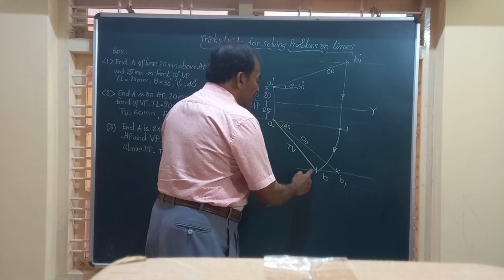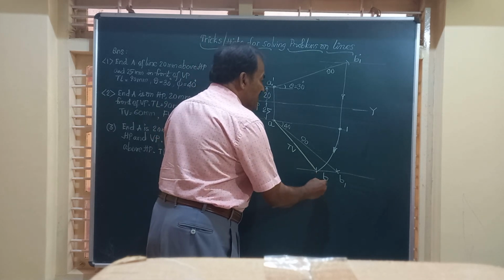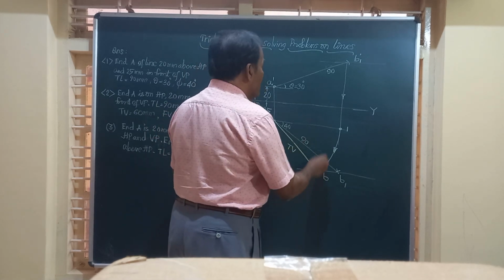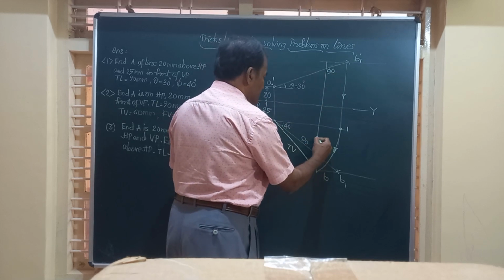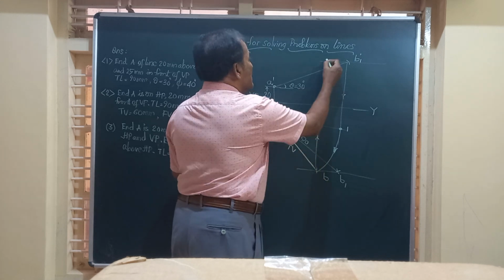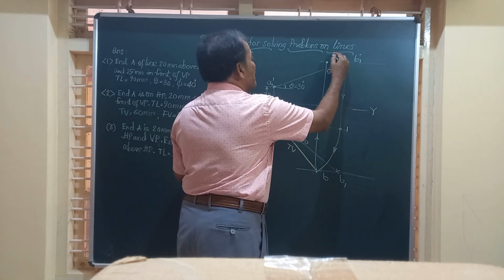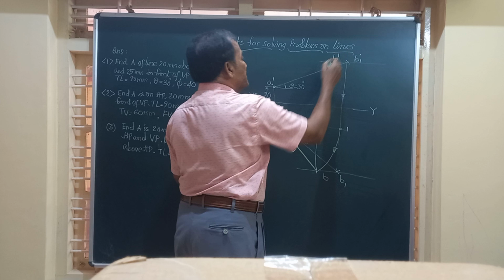Likewise, friend, we have the top view of the end B. From there, write a vertical line till here. And friends, this will meet the locus of B in the front view at B dash.